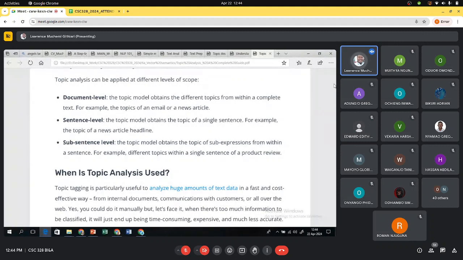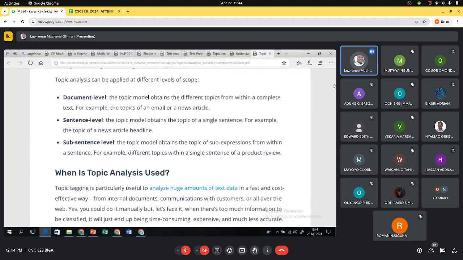At the document level, the topic model obtains the different topics from within a complete text, for example, the topics of an email or a news article. So you're asking, what is this email talking about?